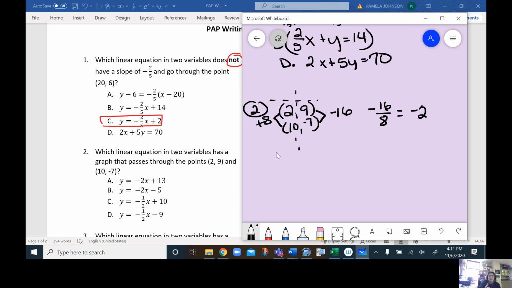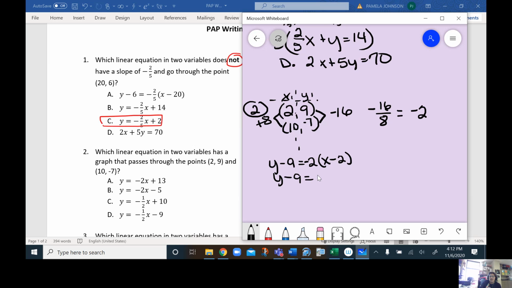Okay. There's our slope. It does not matter which point we put into our point slope formula. I'm going to use the 2 and the 9 just because then I don't have to worry about minus and negatives. Okay. So y minus 9 equals -2 times (x minus 2).